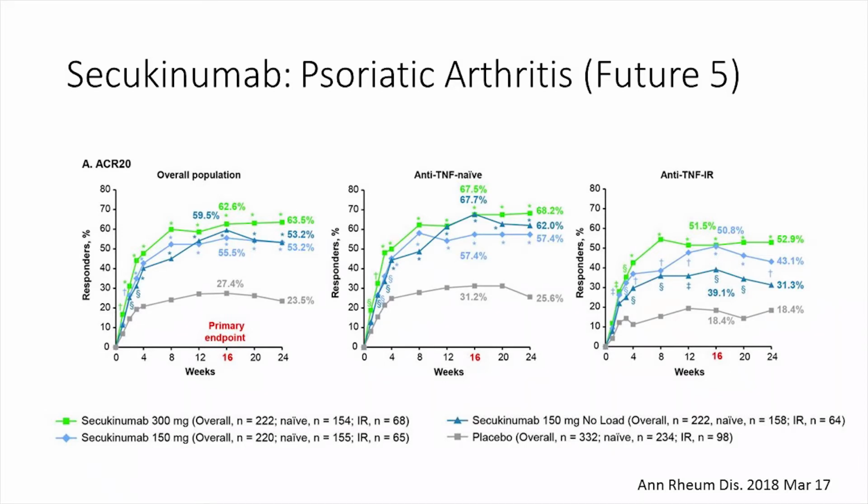Looking at the primary endpoint at 16 weeks, ACR 20, we can see that the 2 doses of Secukinumab, with versus without the loading dose, have much more similar efficacy than what we saw with psoriasis, where the higher dose is consistently better. And these drugs seem to work better in our TNF-naive patients than our TNF inadequate responders, which are in that last graph. So I'm sure we're going to hear more about that next.